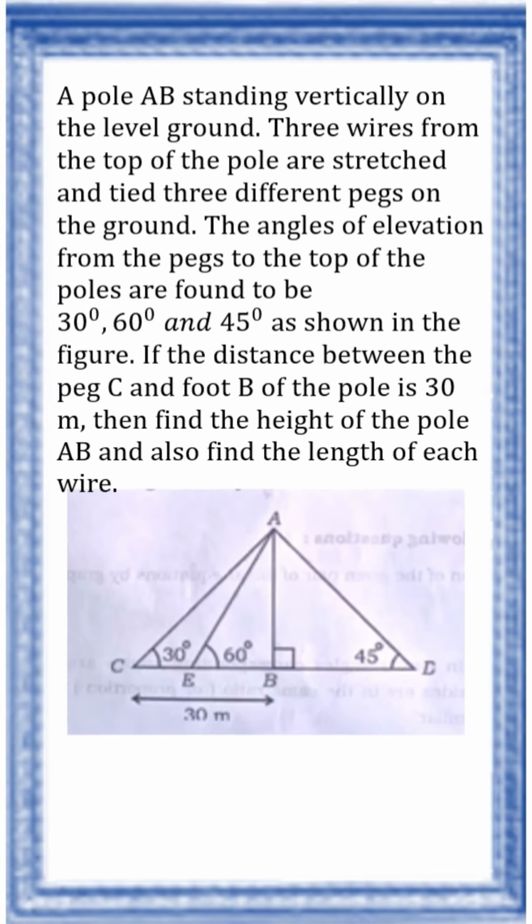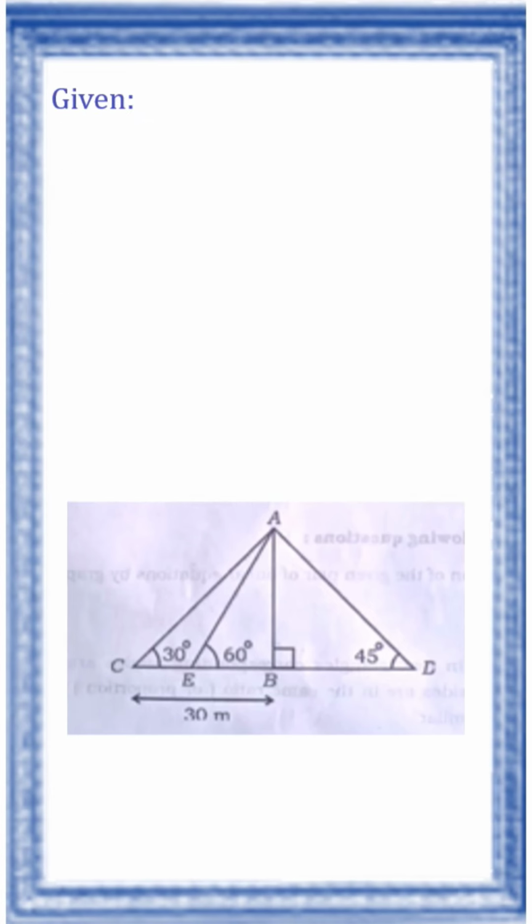Now what has been given in the question? The height of the pole AB is to be found out. The distance between peg C and the bottom of the pole, BC, is given, that is 30 meter. And angle ACB is 30 degree, this angle you can see in the figure.